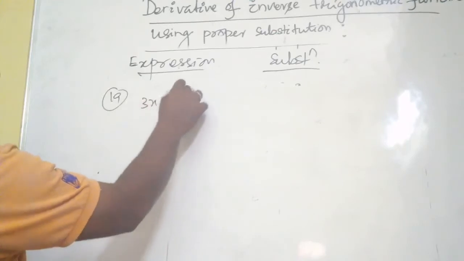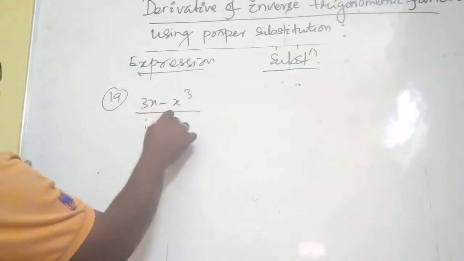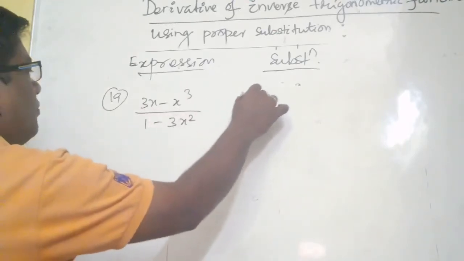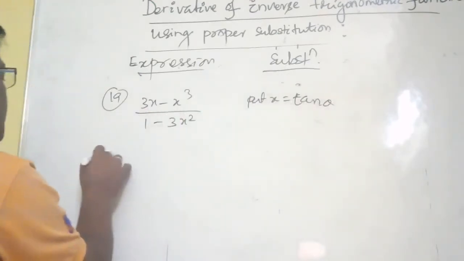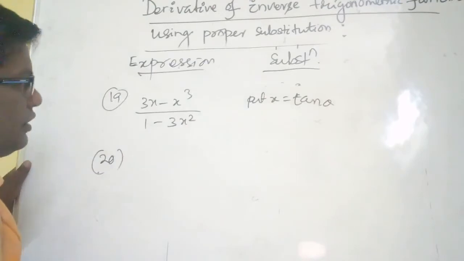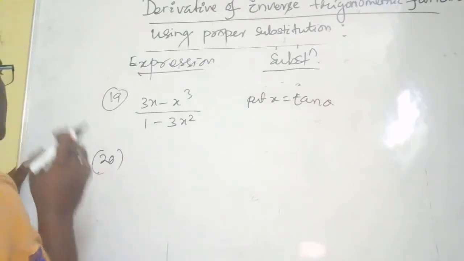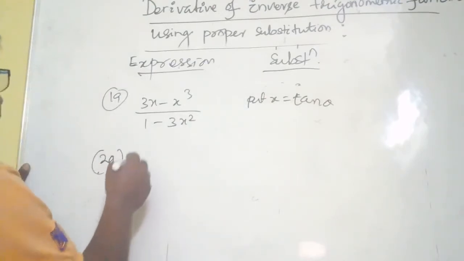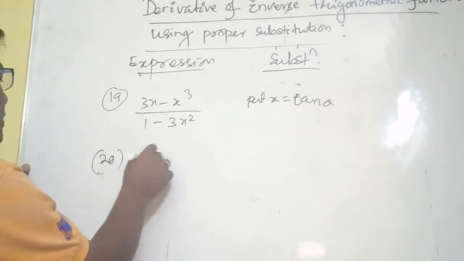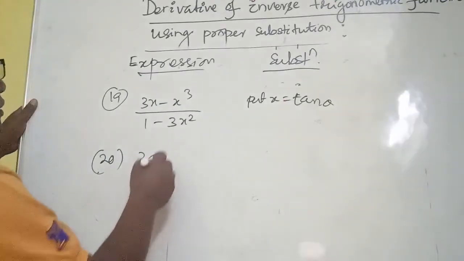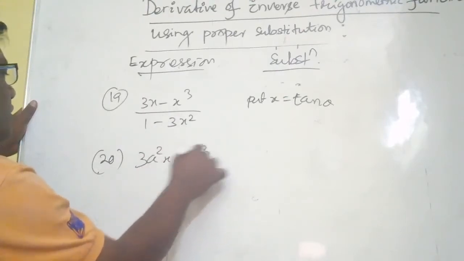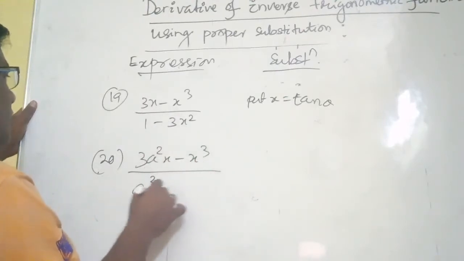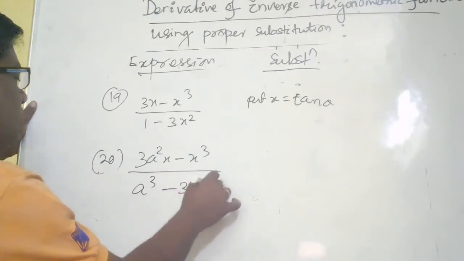3x minus x cube divided by 1 minus 3x square. Put x is equal to tan theta. 20 is equal to what? This is equal to 3a square x minus x cube divided by a cube minus 3ax square.